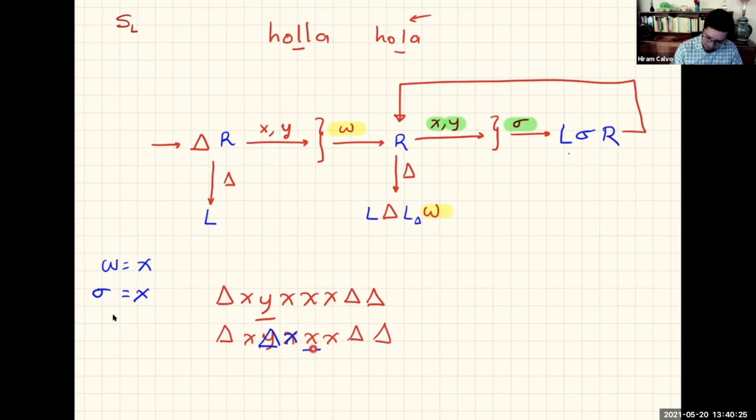Now we are here and it says, whatever is there, it doesn't matter, it would be the same if it's an X or a Y or an empty symbol. Then move to the right. If at this point we find an X or a Y, that will be sigma. I think I didn't move to the right, correct?